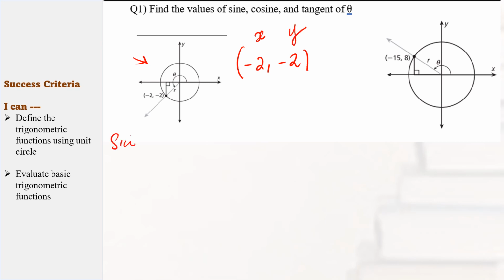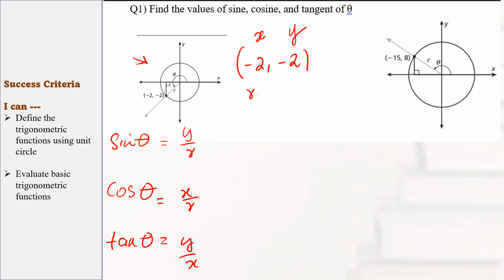The first thing is to write the sine, cosine and tangent values in formula form. So sine is y over r, cos is x over r and tangent is y over x. Now, the first thing I told you is to find the r value by using the formula x square plus y square.